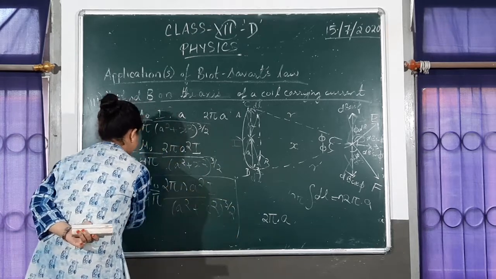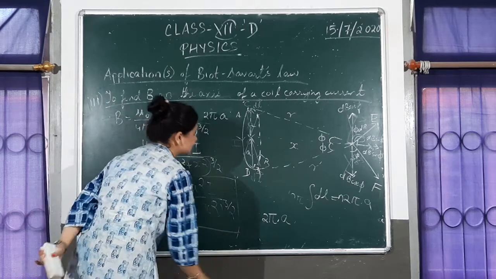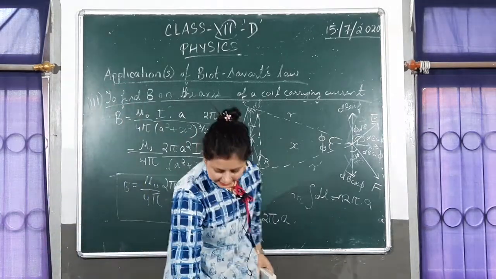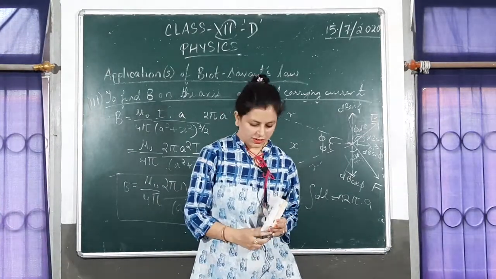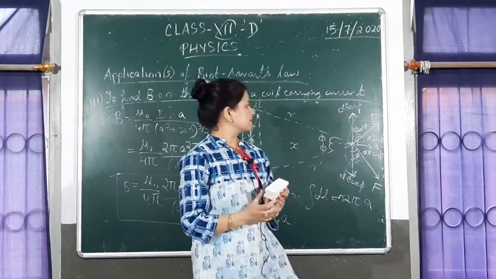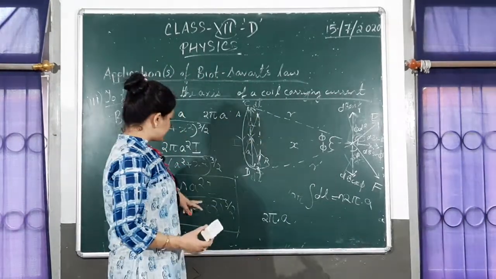This is the magnetic field intensity at any point on the axis due to a circular coil carrying current. Here we have taken small elements diametrically opposite to each other and the component was found out to be dB sin phi. We integrated dB sin phi to come to this expression.